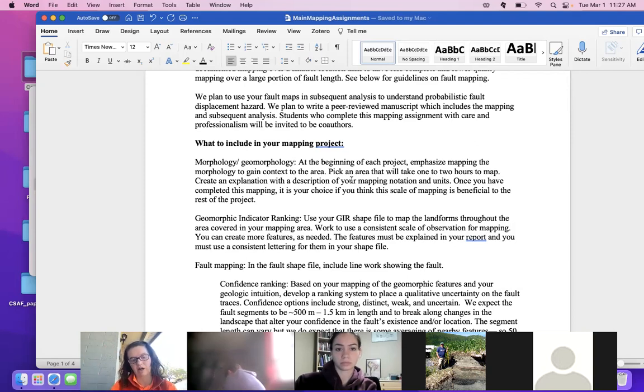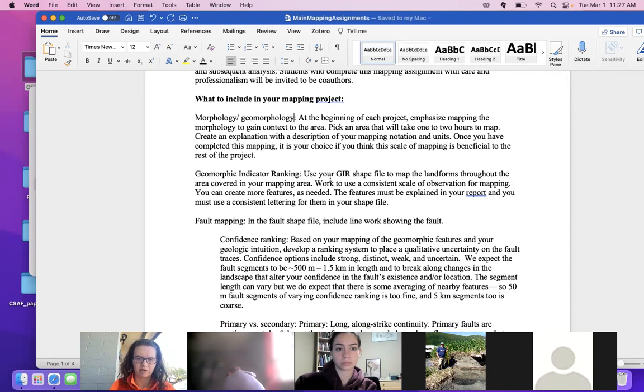But in your report, we do want to see the work you did in this initial 2 hours. Then you must use the geomorphic indicator ranking that you've been developing skills for over the semester. Rachel recently posted a new GIR file, which includes a few more GIR features based on recommendations we've received from you in this class.